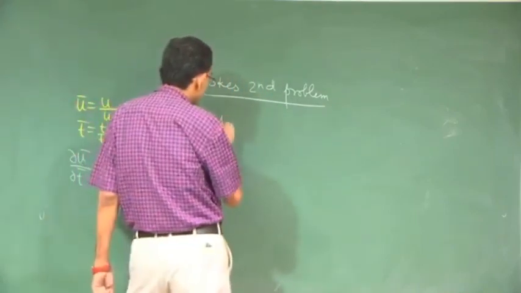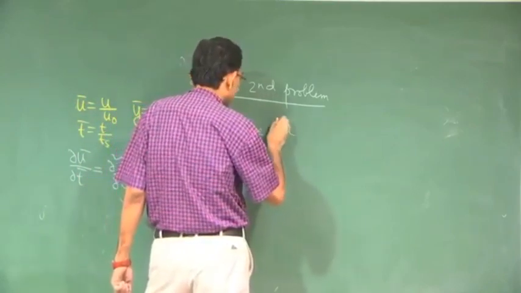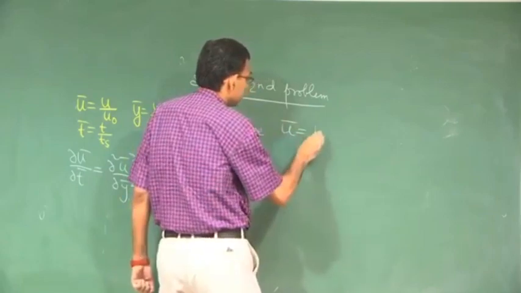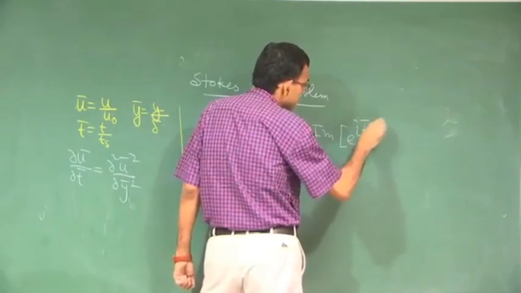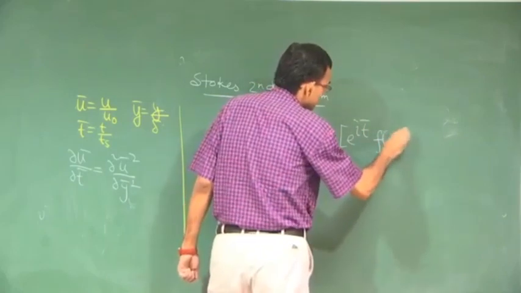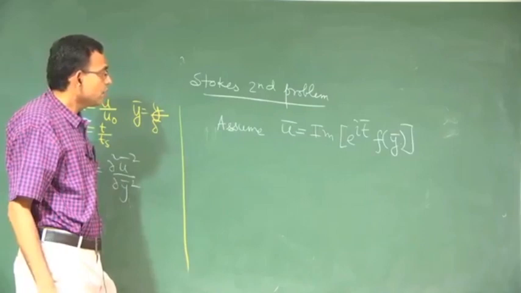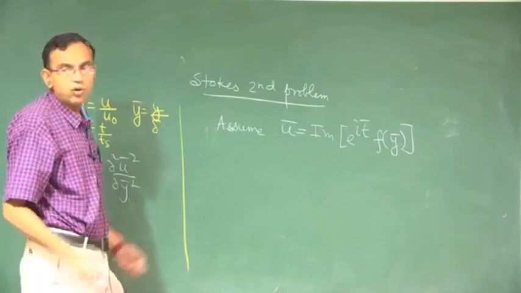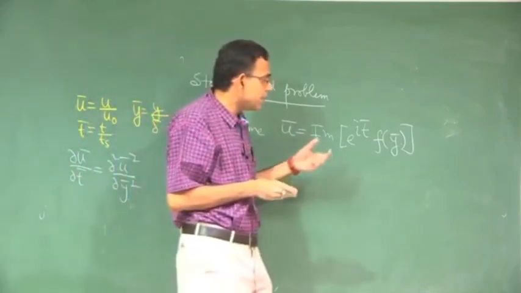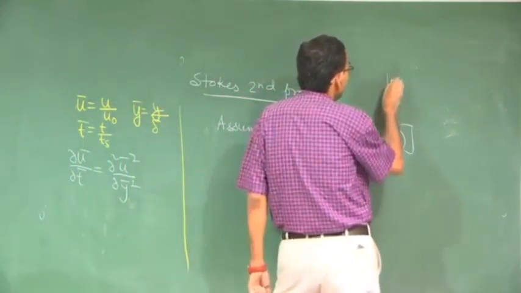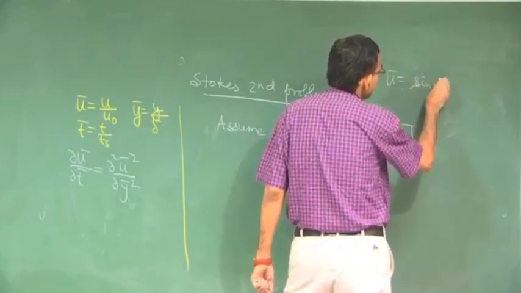So, assume this one. Question is, out of all such forms, why do we assume this form? See, the boundary velocity was this one.